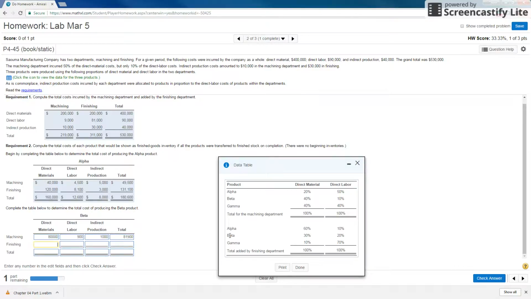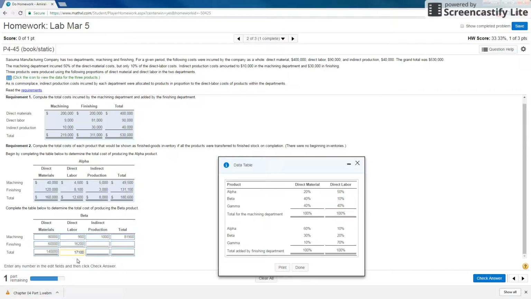For the finishing department, 30% and 20%. So 30% of 200,000 is 60,000, and the total here is 140. The direct labor is 20% of 81,000, so it's 16,200. The summation will be 17,100.